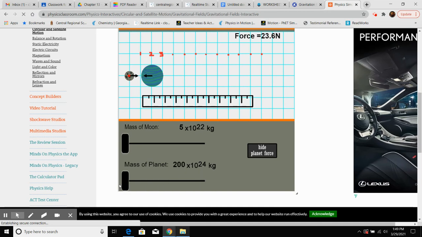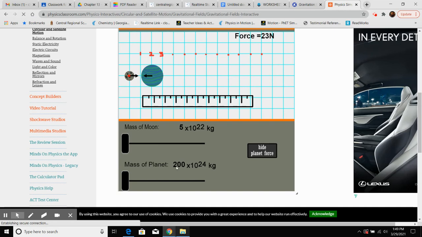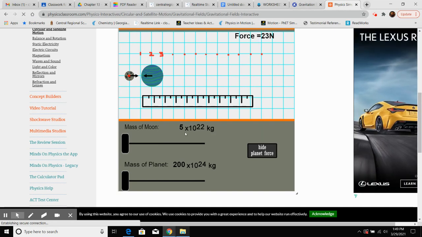It goes up to 600 and only goes down to 200. So this is what we're going to have to say is our baseline. So if we kept the mass of the moon at this tiny value here, 5 times 10 to the 22nd kilograms, then 200.